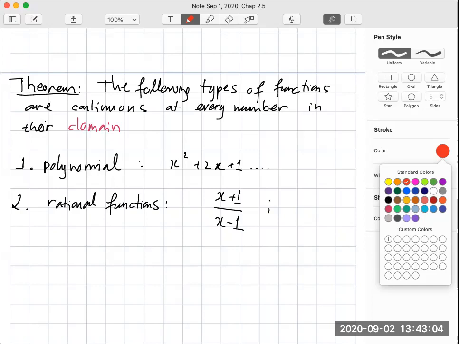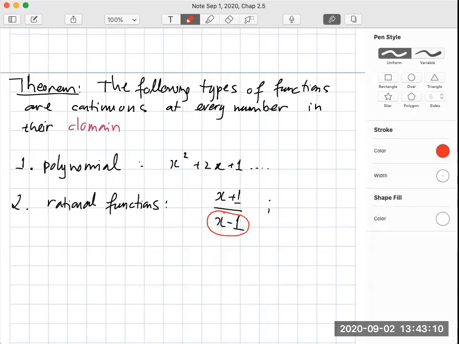It is undefined if the denominator is equal to 0, which means when x is equal to 1, then we remove that point. Then any point different from 1 would be in this domain. Or you can write it in interval terms, negative infinity to 1, union with 1 to positive infinity. They're the same thing, right?